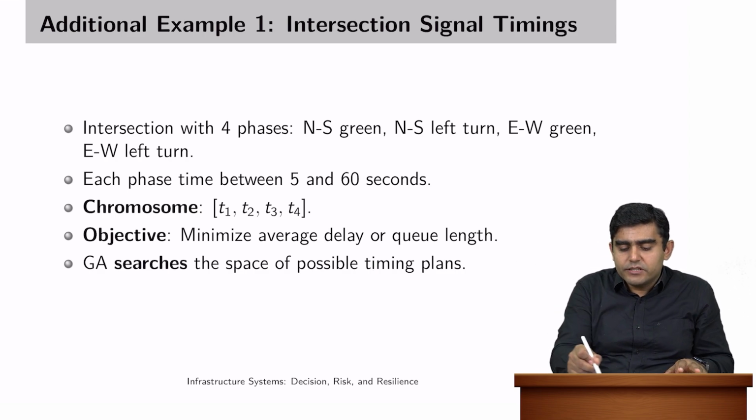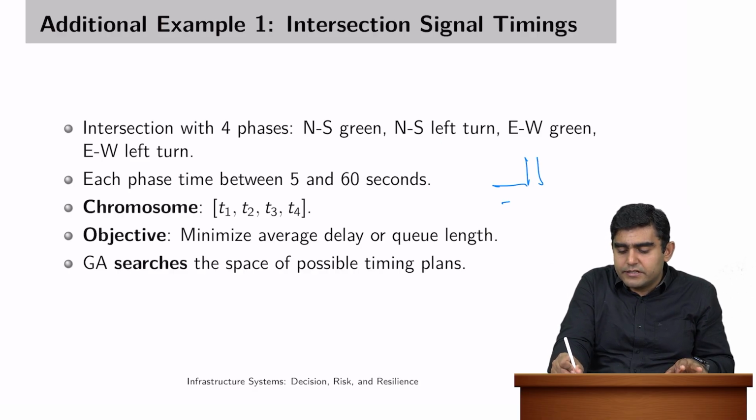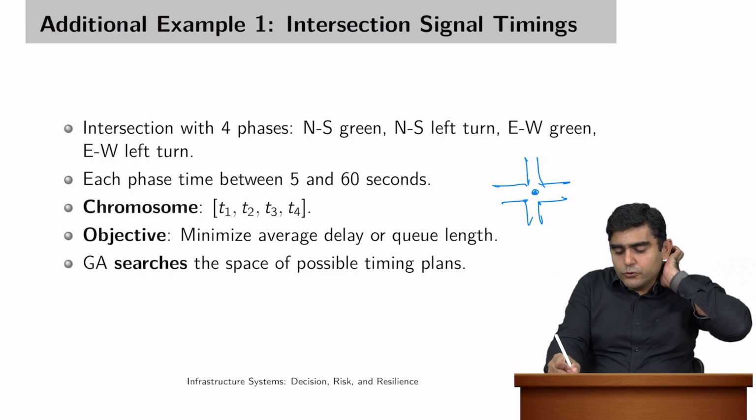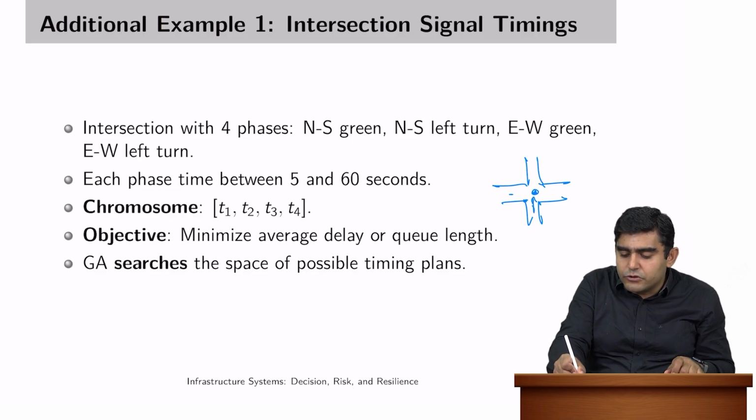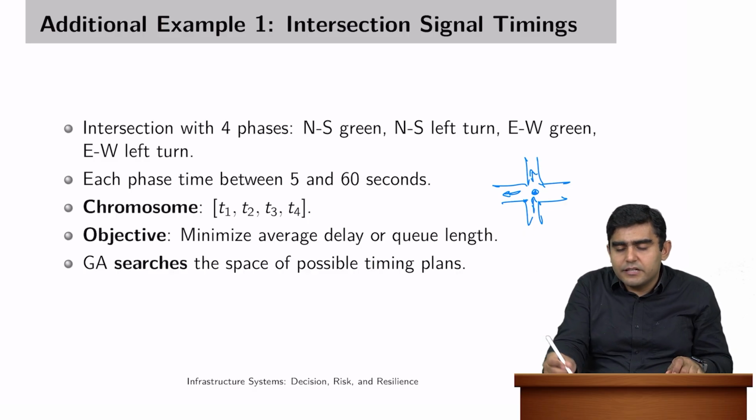So, as I said, we can also have these chromosomes bear something called non-integer values. So, if I am doing some phase timing for signals, let us say there is an intersection, and some vehicles, and there is a red light that I have to install, and I have to decide what should be the green time in this direction, what should be the orange time in this direction, what should be the red time in this direction, and so on.